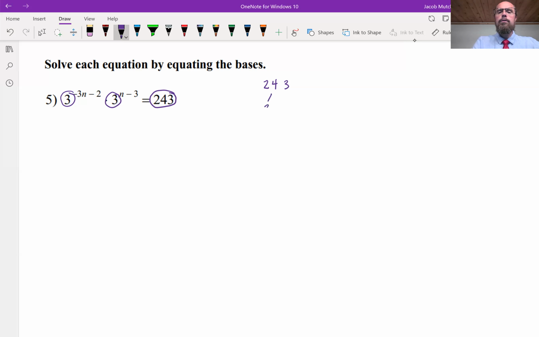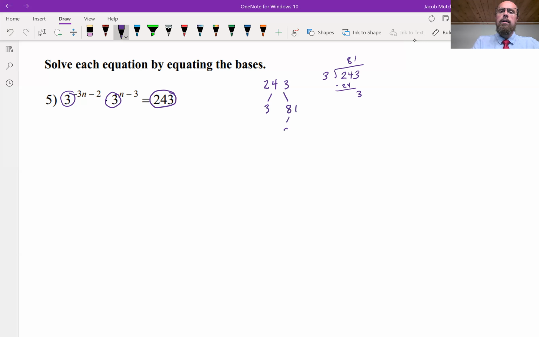Therefore, 243 is also divisible by 3. And I believe if I divide that out, 243 divided by 3, 3 times 8 is 24, and then 3 times 1 is 3. So it turns out 243 is 3 times 81.